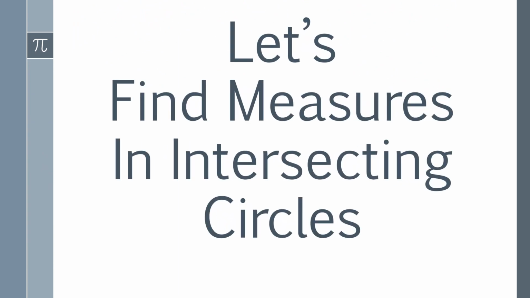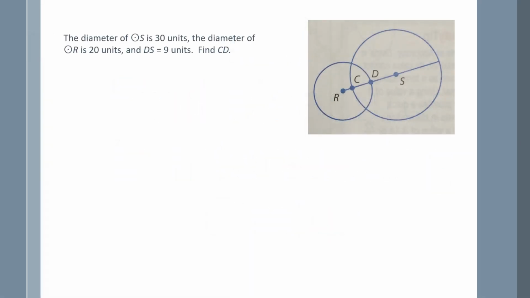All right, so we're going to do an intersecting circle measure problem. The diameter of circle S is 30 units. We're going to mark this up here. So this distance here is 30.